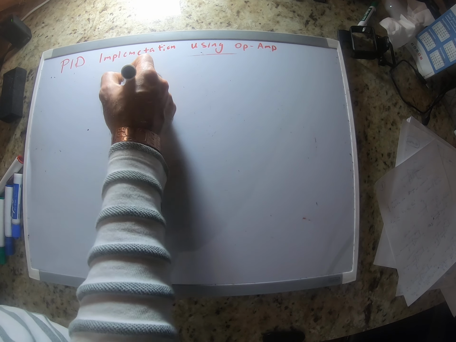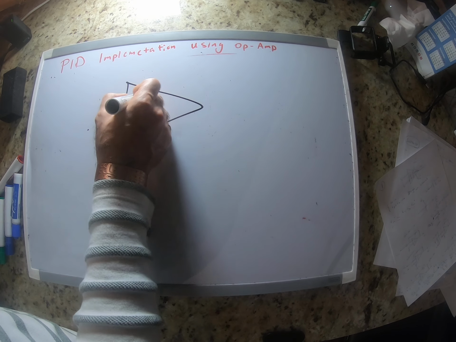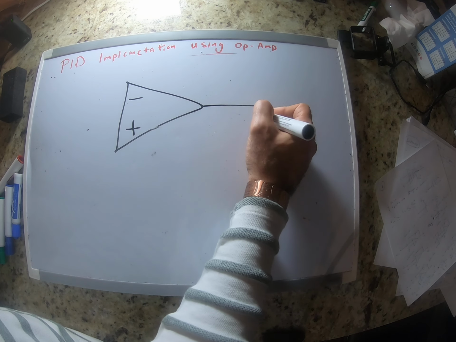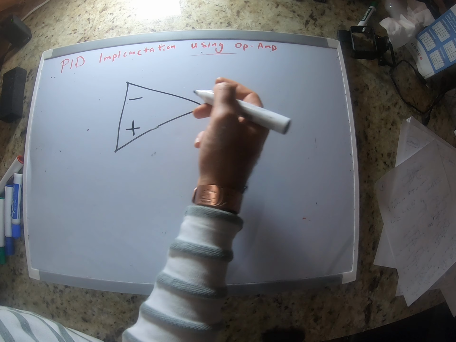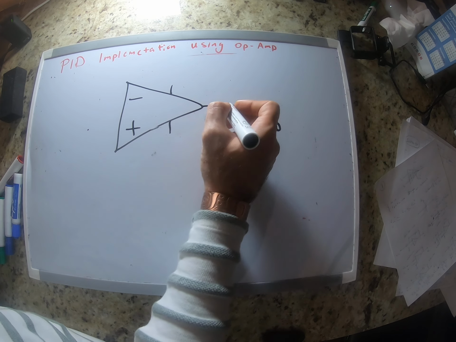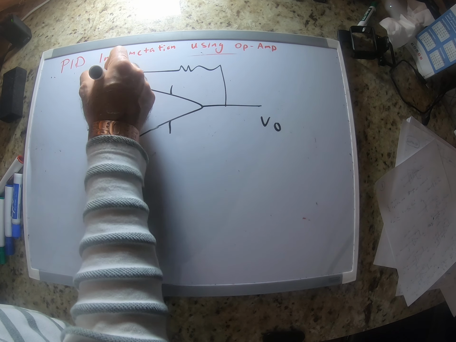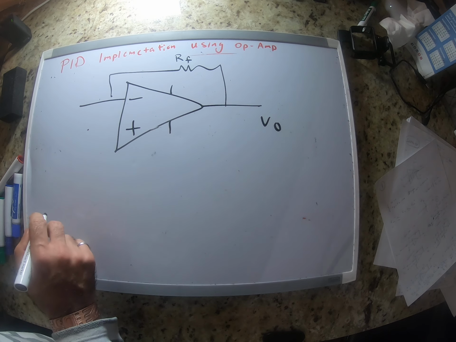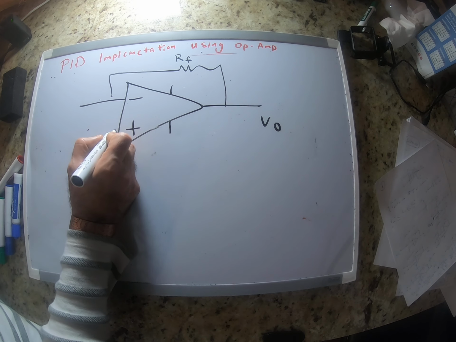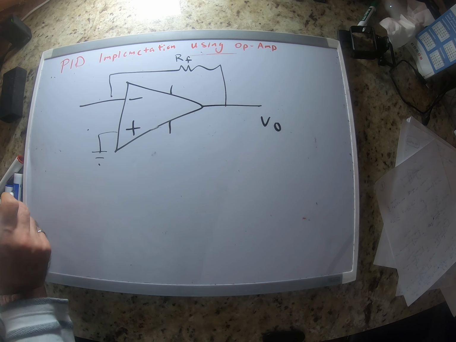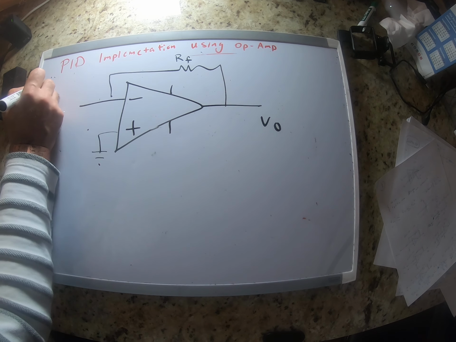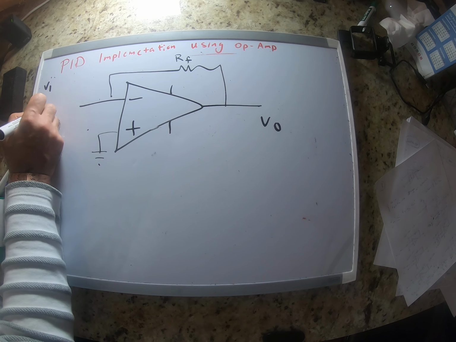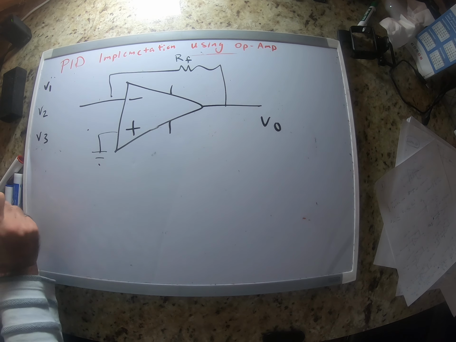So again, we are going to have a negative feedback. If we don't have negative feedback, op-amp gets saturated. So that's why we have to have a negative feedback. Let me call this one RF, F for feedback. Let me ground this one. And let's assume that we have three different input voltages.